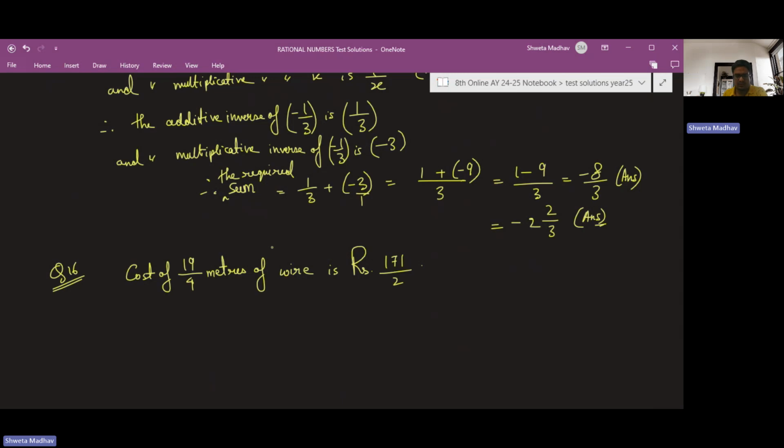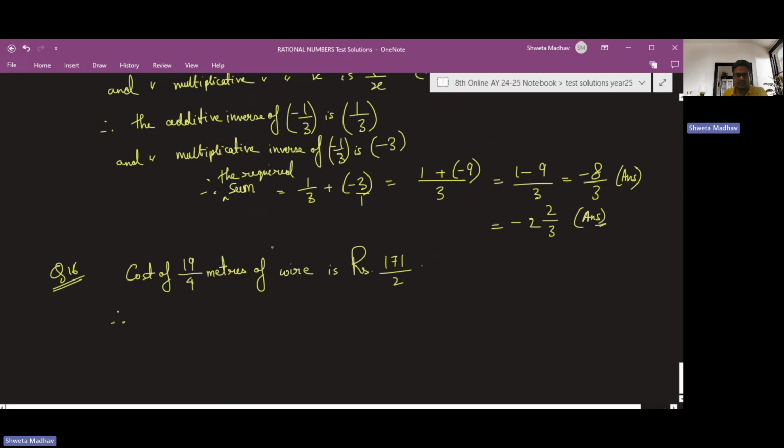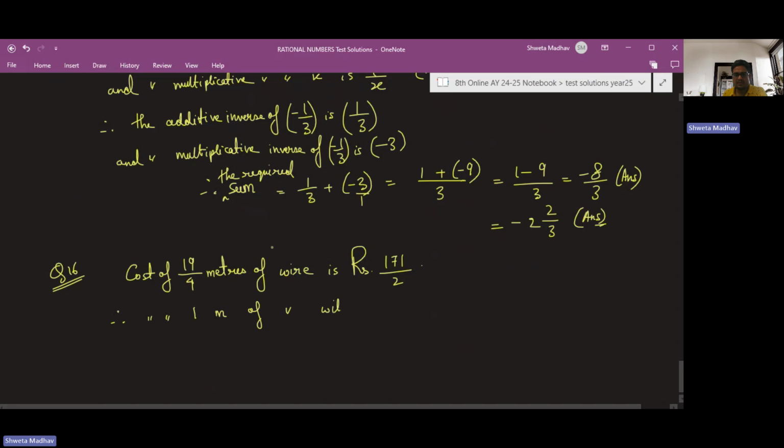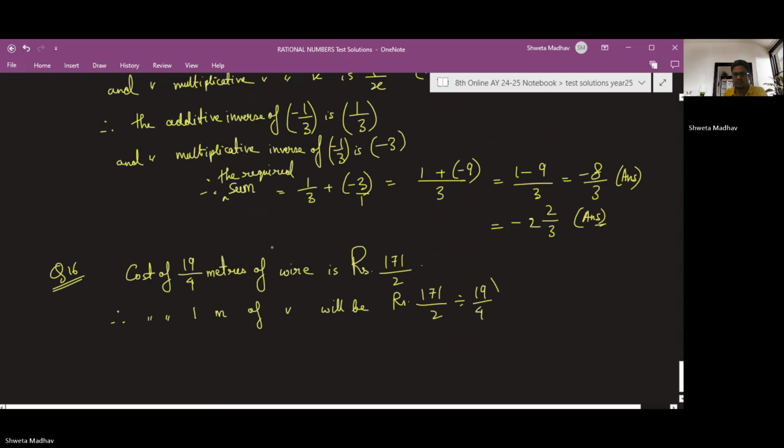Then find the cost of 1 meter of the wire. So therefore I can say the cost of 1 meter of the wire will be equal to rupees 171 by 2 divided by 19 by 4. This we have to do. That will be equal to 171 by 2 times 4 by 19.